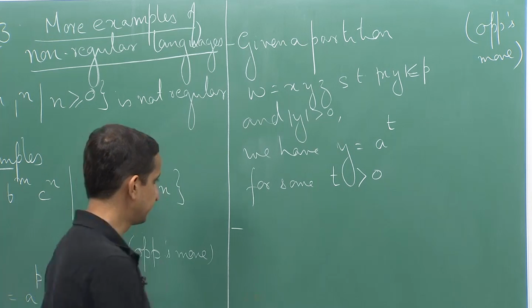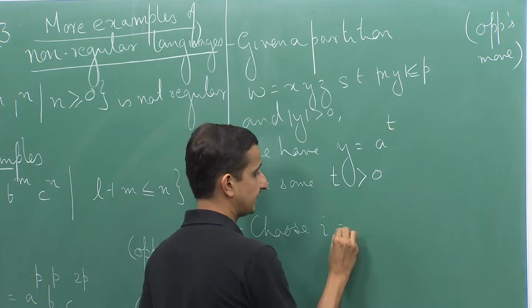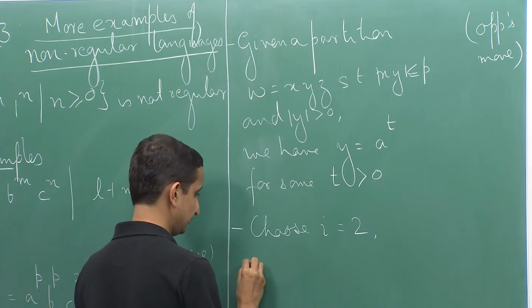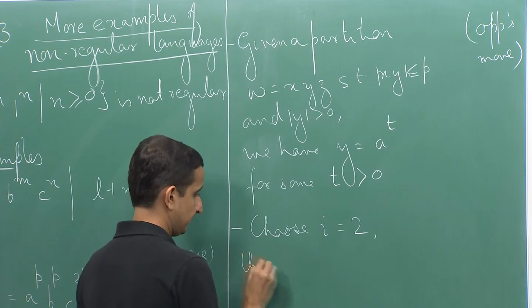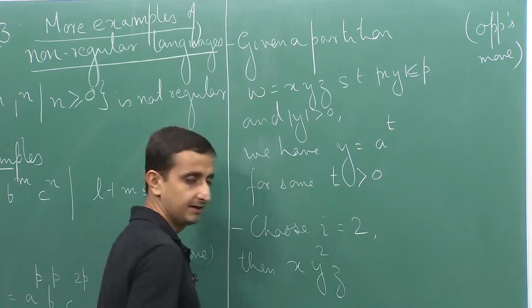In this case we will choose i equals 2. Let us see what happens if we choose i equals 2. If we consider the string x y squared z, how does it look?